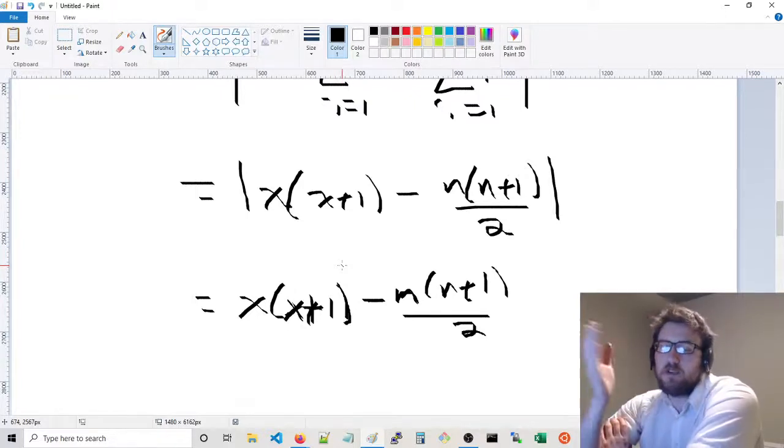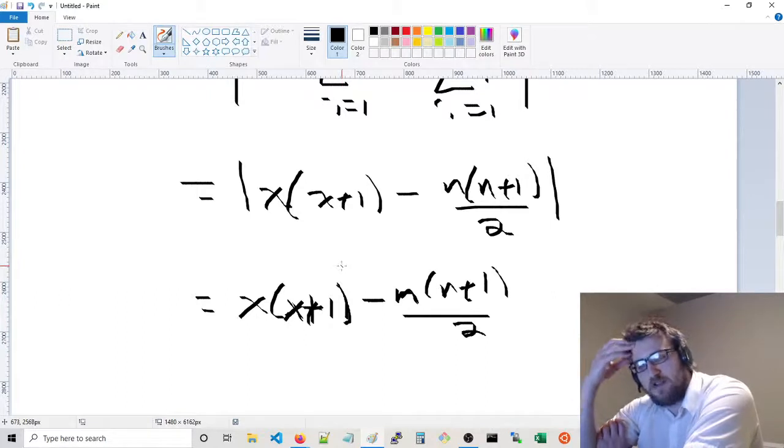Right, because it's very clear that this function is not parabolic, but has sort of an inflection point, I guess.